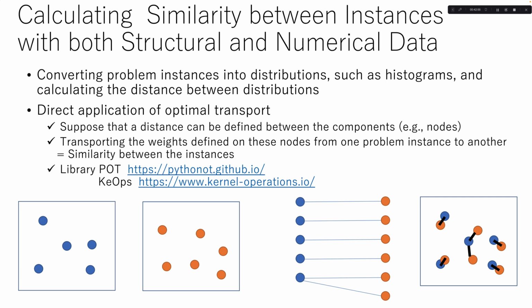Suppose that a distance can be defined between the components of one problem instance, e.g., nodes, and those of another problem instance. The cost of transporting the weights defined on these nodes from one problem instance to another can be defined as the distance between problem instances. As shown in the figure, this method can be used even for problem instances with different numbers of nodes.